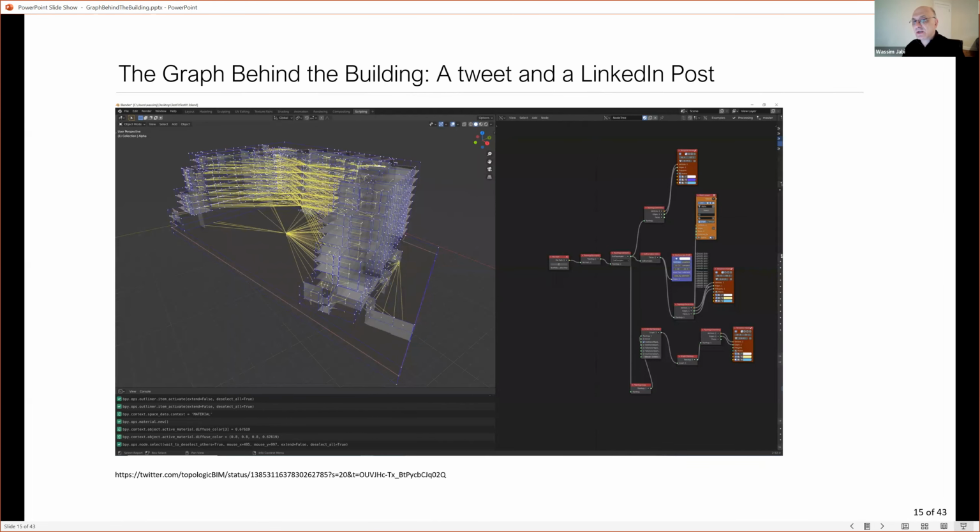What you're seeing on the left side is a very monstrous building that came from a piece of software called TestFit. TestFit allows developers to look at a plot of land and very quickly put units and calculate densities and setbacks and put parking and find out whether it's economically feasible, et cetera.